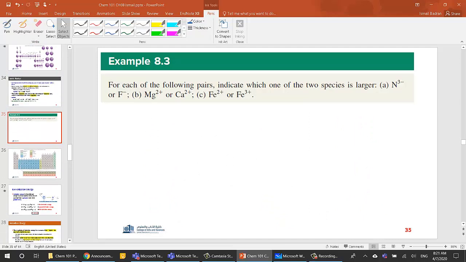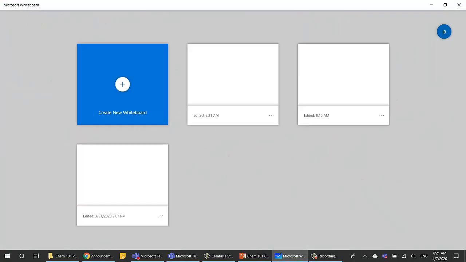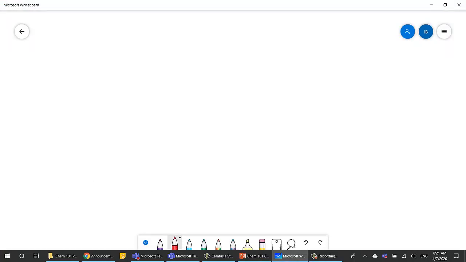Let's talk about this question here, which is, for each of the following pairs, indicate which one of the 2 species is larger. So the first one is N3 minus or F minus. Well, okay, let's do that. It's talking about N3 minus and F minus.